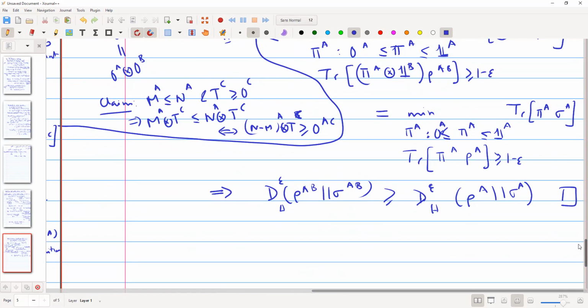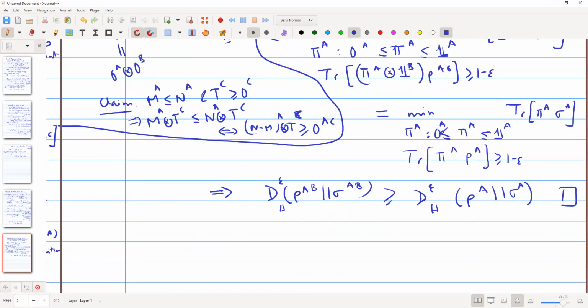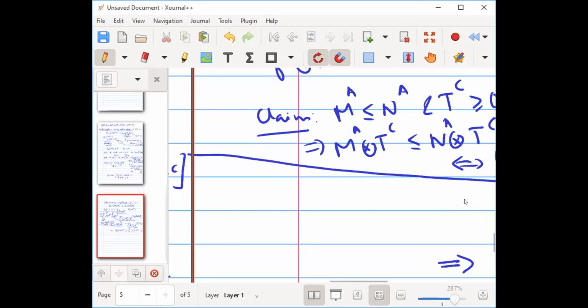So next time we'll define the D epsilon max. It is also fairly easy to prove a data processing inequality for that. So at least for the smooth one-shot quantities, we have proved data processing inequalities.